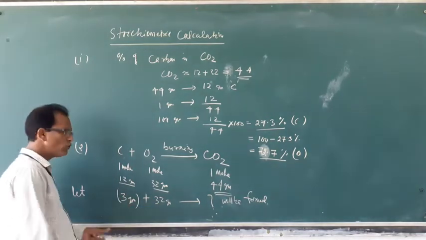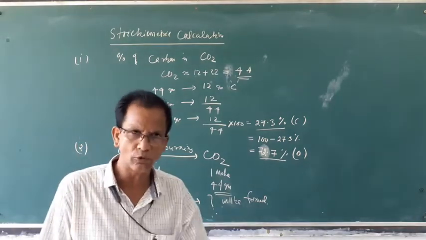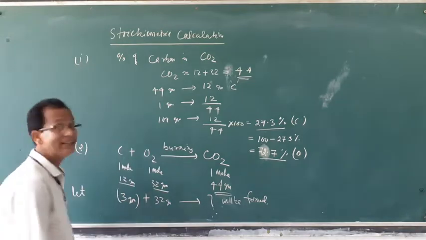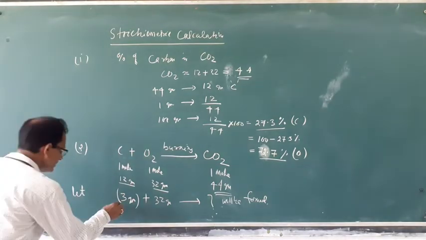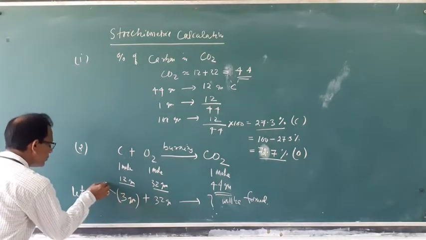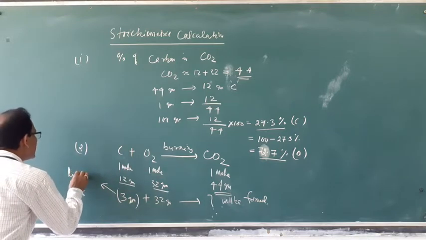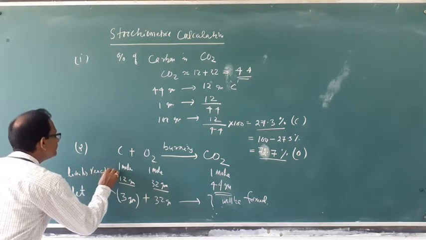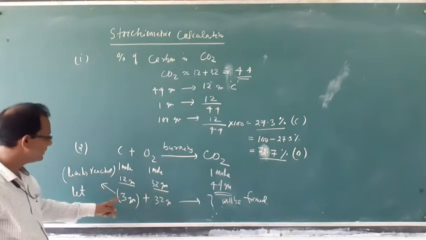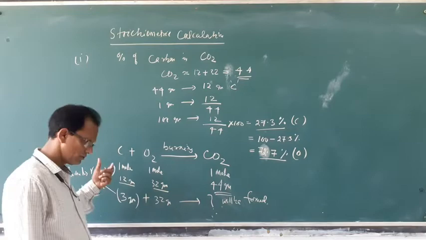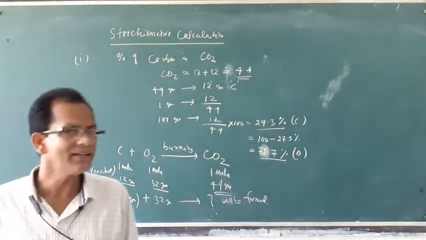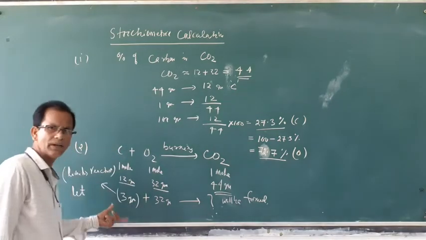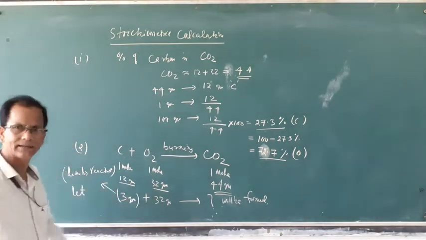The reactant taken in a very small amount is called the limiting reactant. Limiting reactant means the reactant which is reacting completely, or taken in very small amount compared to the other reactant.